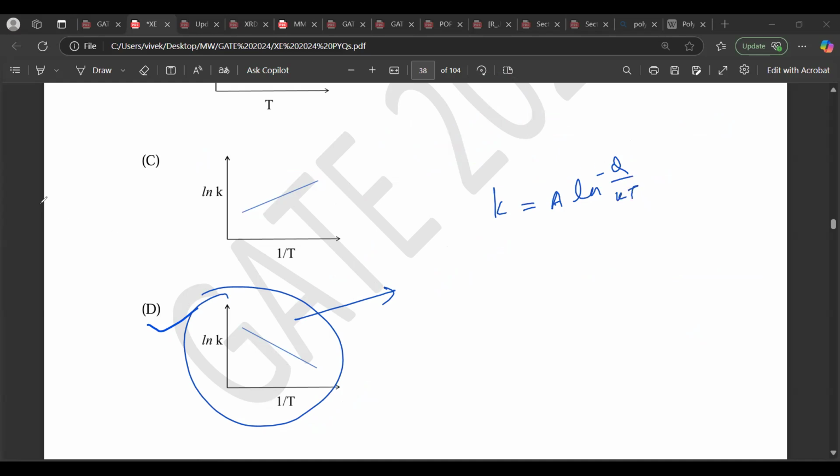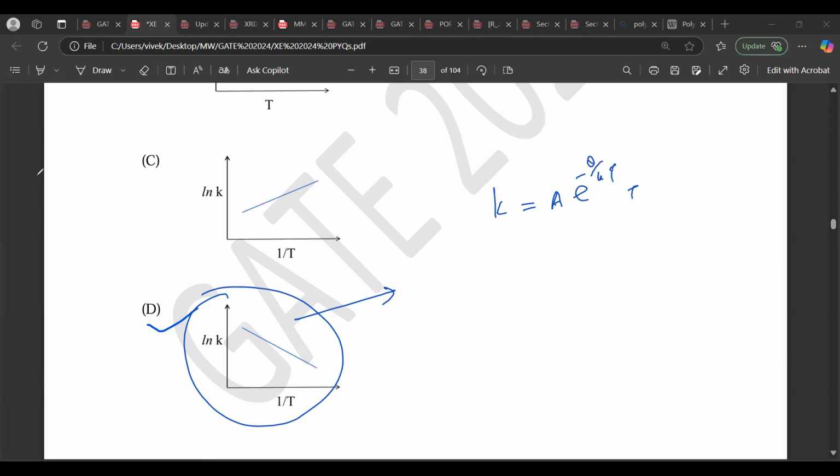Usually people write activation energy E, but that's okay, you can write E, A, whatever you like.